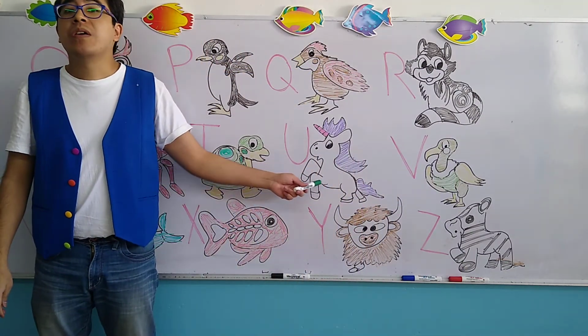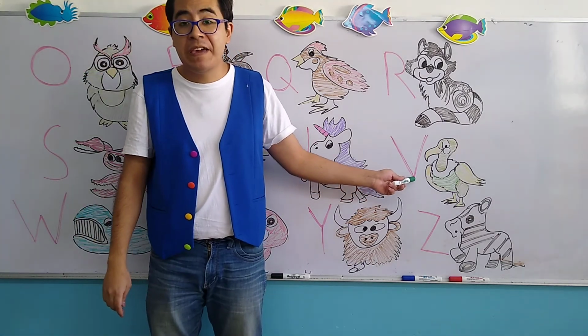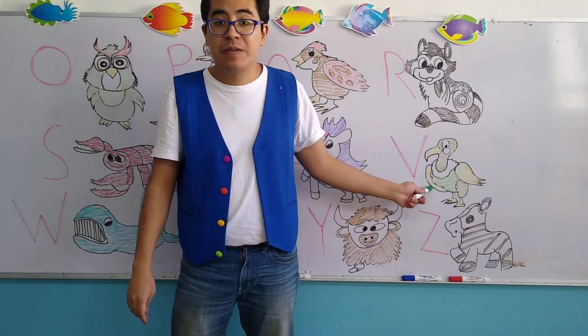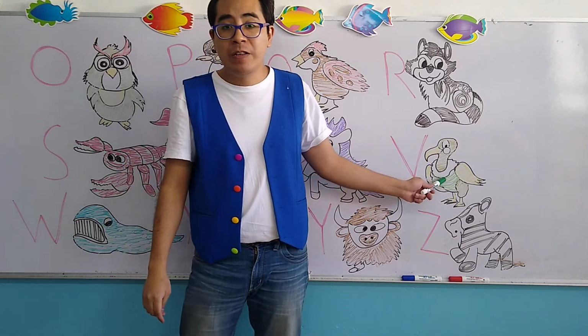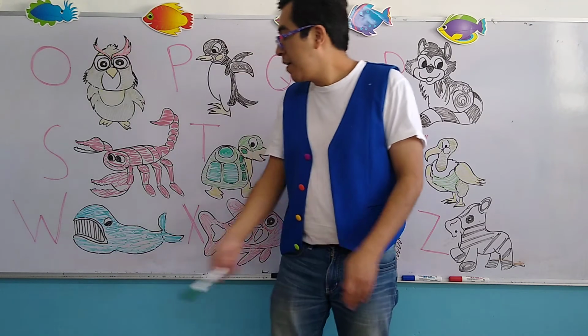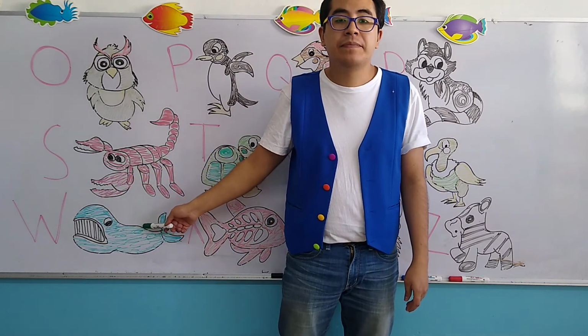Capital U, unicorn. Capital V, vulture. One more time. Capital V, vulture. Capital W, whale.